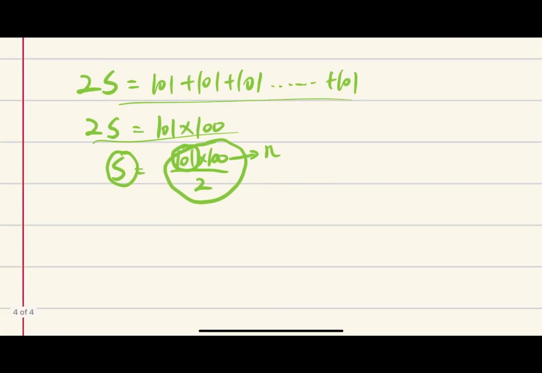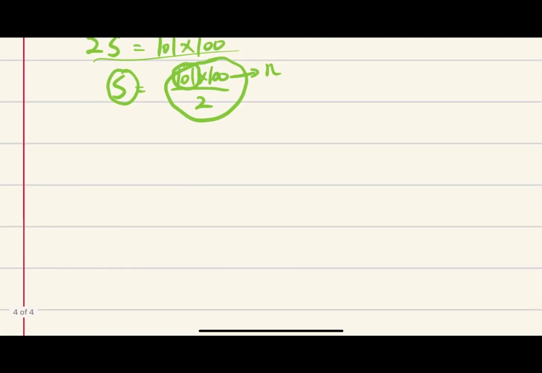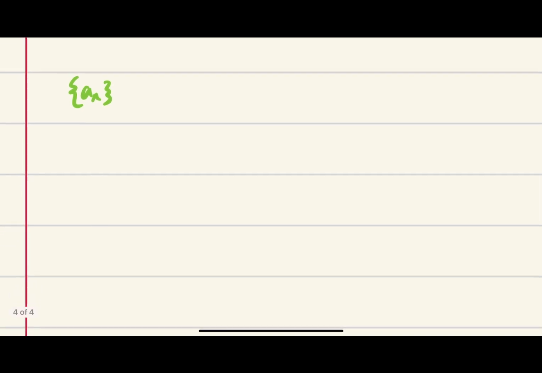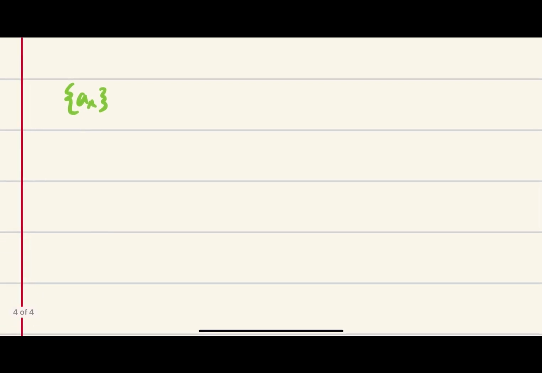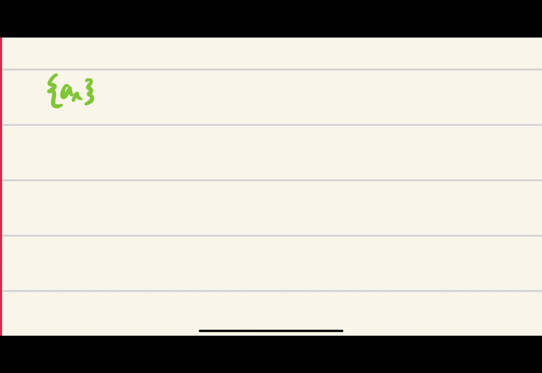So now let's derive the general formula for S. Instead of using the specific numbers like 1, 2, 3, 4, 5, I'm going to write this thing in another form. Let's say we have an arithmetic sequence a_n, and I'm going to try to find the value of the sum of the sequence, which I'll write as S_n, with n as a subscript.